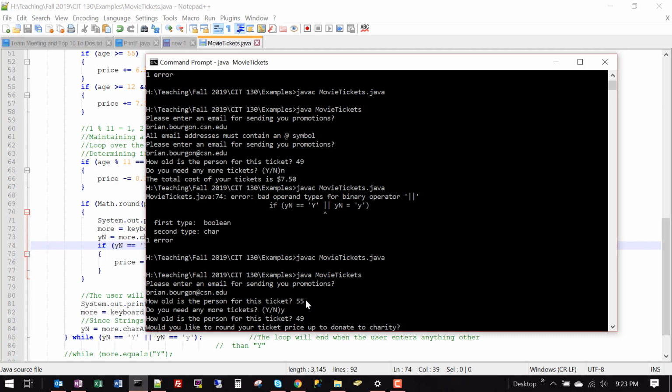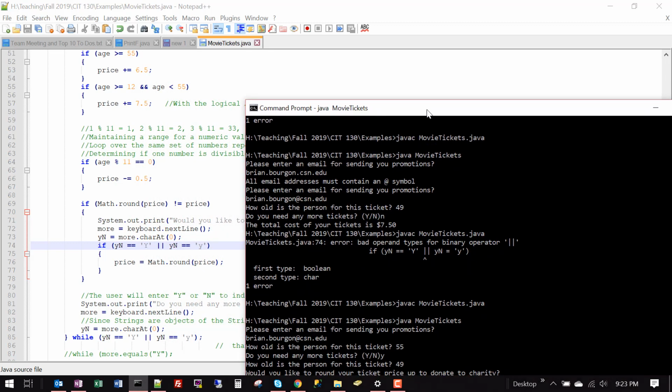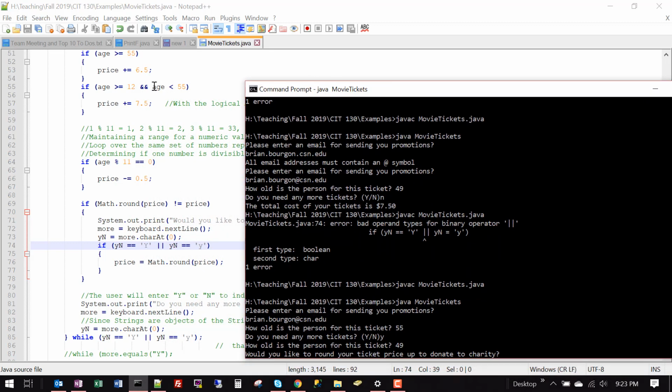The 55, that person would have been charged $6.50. The 49-year-old would have been charged the $7.50, which is a total of $14. But because we got the discount for being in the 11 club, it dropped that price to $13.50.